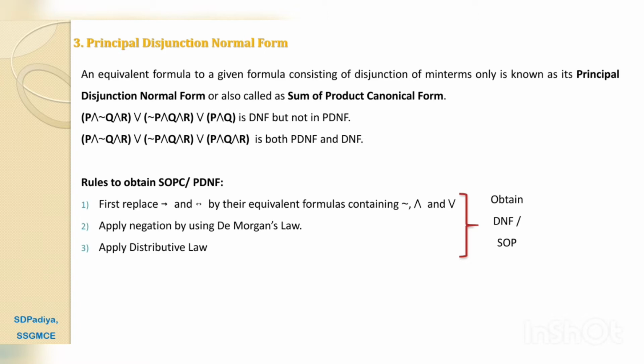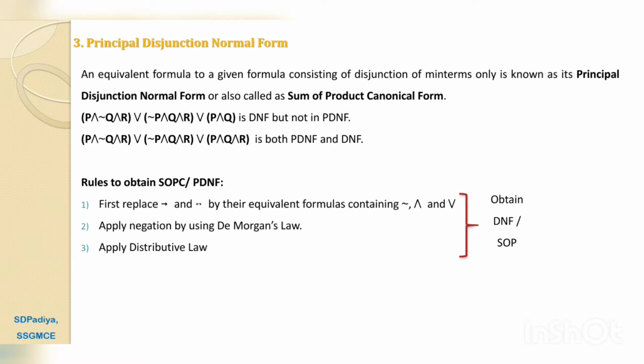The first is to replace the implies and double implies by their equivalent formulas containing not and or. We have seen the three formulas for that. The second, apply the negation by using De Morgan's law. And third is apply the distributive law. By using these three rules, we can find out the DNF or the sum of product.